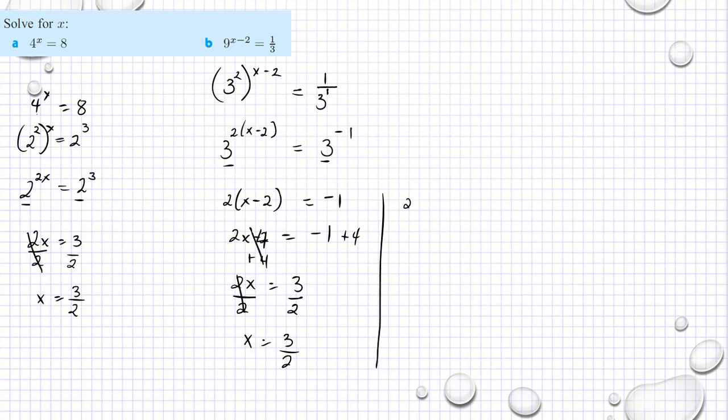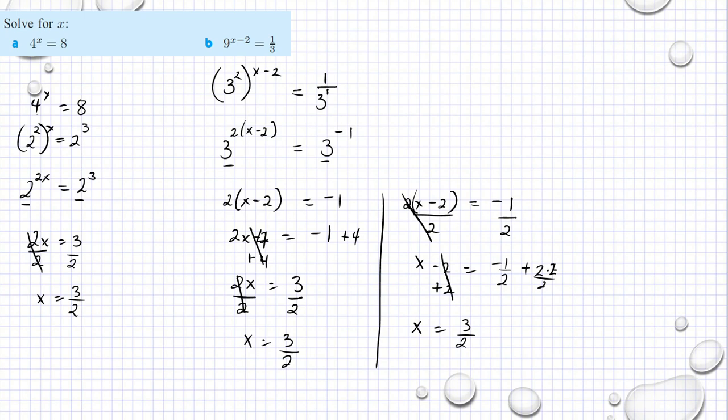Yeah. 2 times x minus 2 in parentheses is equal to negative 1. If I divide both sides of the equation by 2 already, then I have x minus 2 is equal to negative 1/2, plus 2 plus 2. Then we have x is equal to, if I expand this by 2, 4 minus 1 is 3/2. So it depends what you want to do.